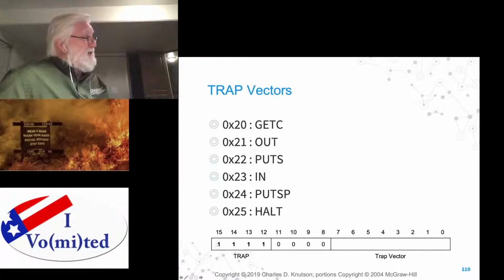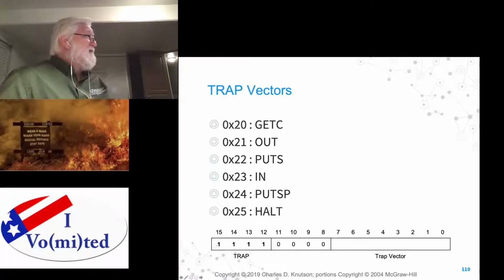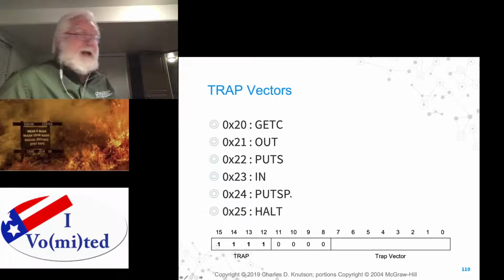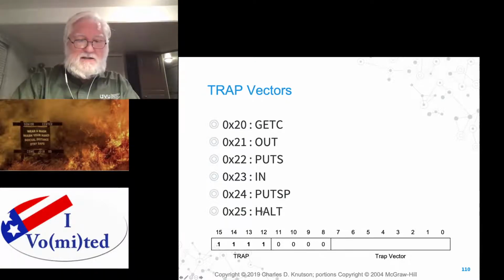These are the built-in trap vectors in the LC3 that it comes with. Trap 20, these are hex values. 20 is get character. This one is outputting a character, this is putting a string out, outputting a string. Inputting, putting, what is SP? I can't remember. And then there's a halt, which we'll talk about all of these.